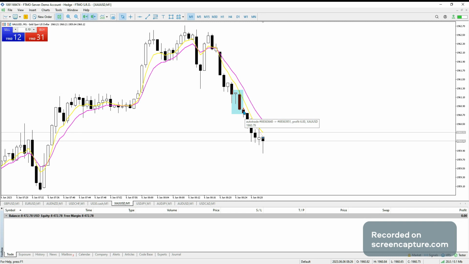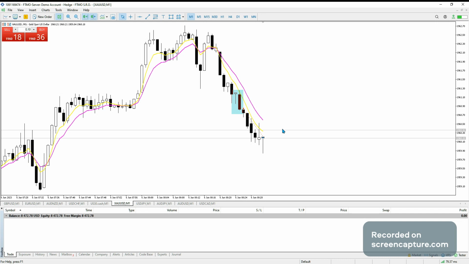I had a rejection and a bearish bar, or for the opposite direction, a rejection and a bullish bar. Okay, and then, as you see, I took profit. Just repeat this strategy all the time, and you see that finally you can understand the market.